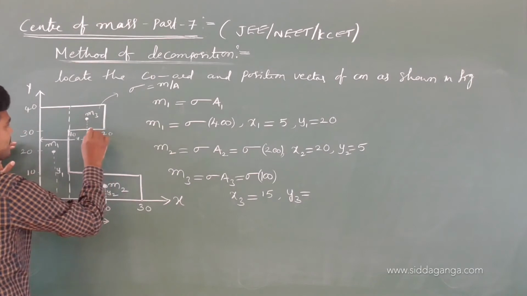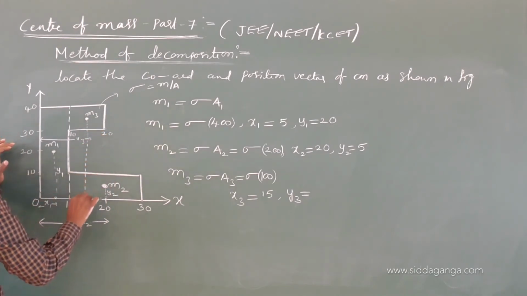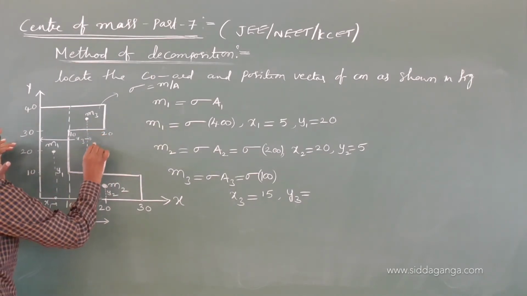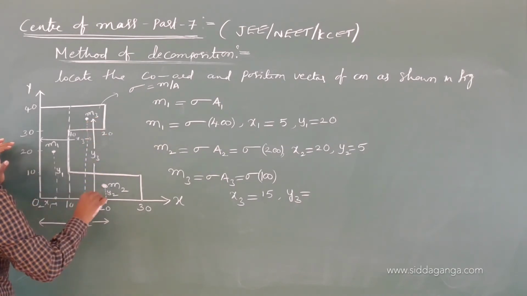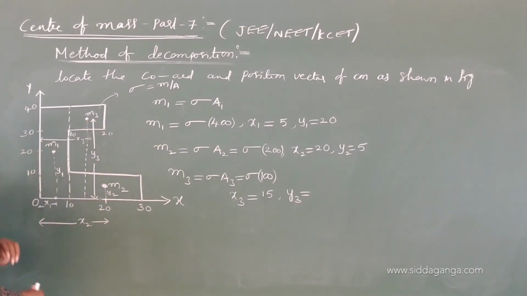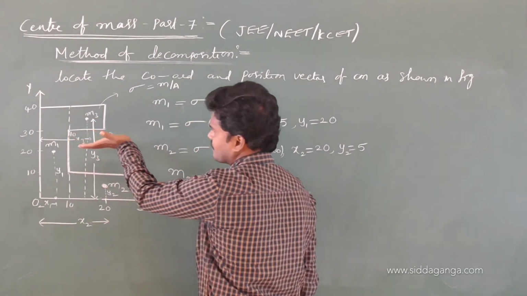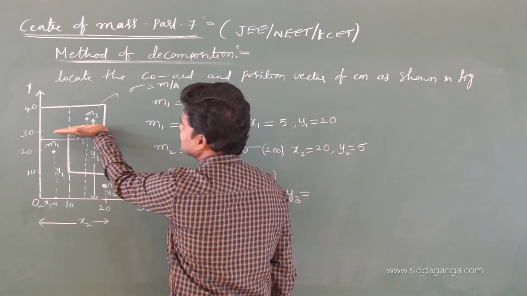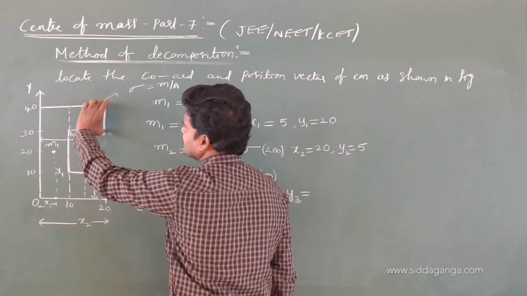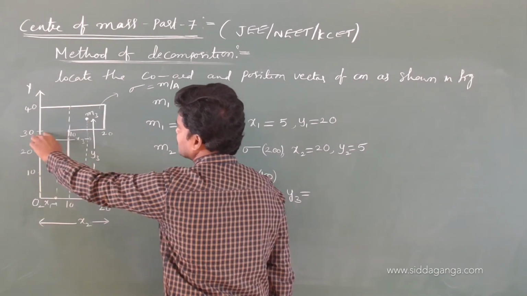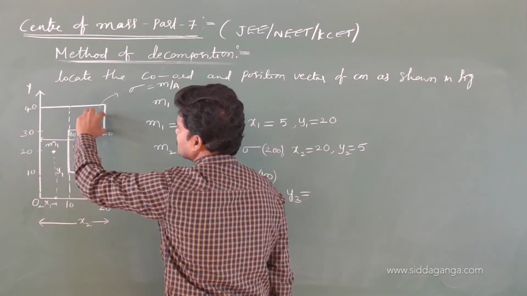Okay, this is y3. How much is y3? This height. See, up to here is 30 and the center of mass of this one is 5. This is 30 and 40. The middle point, middle height, is how much? 5.